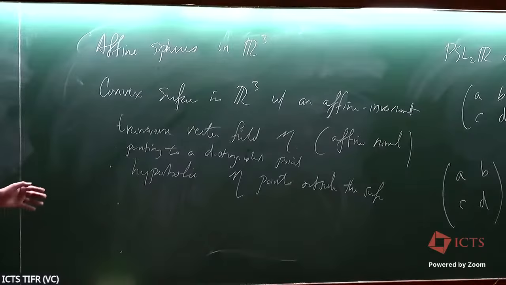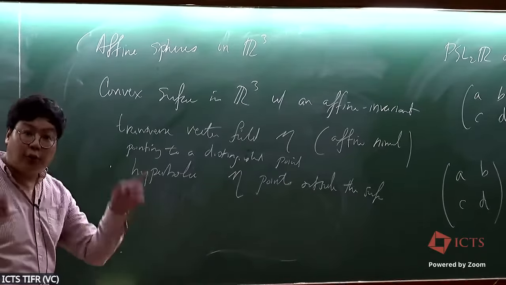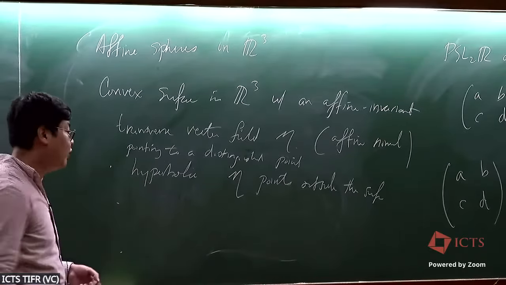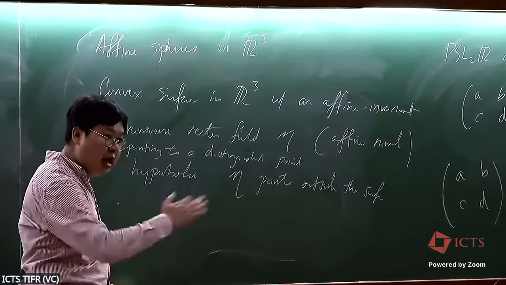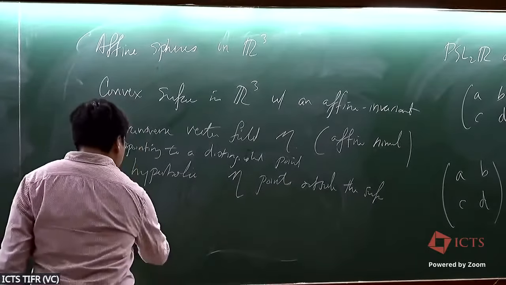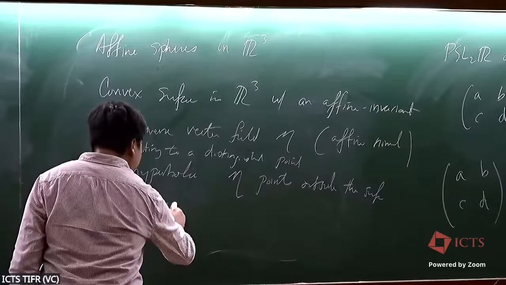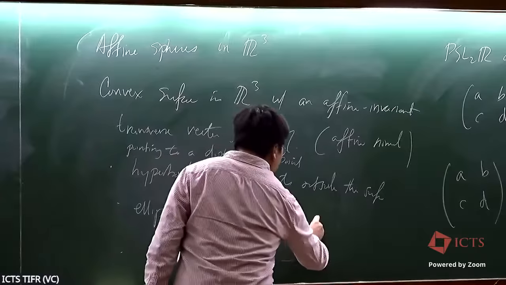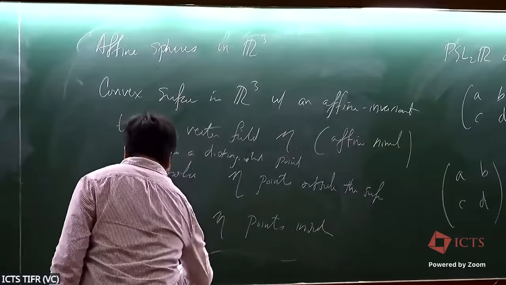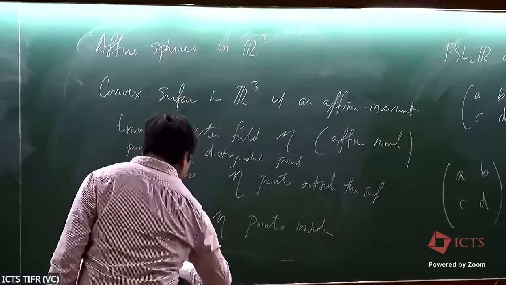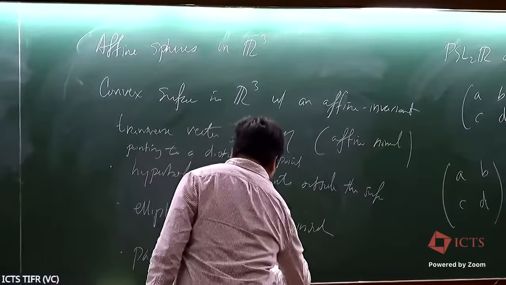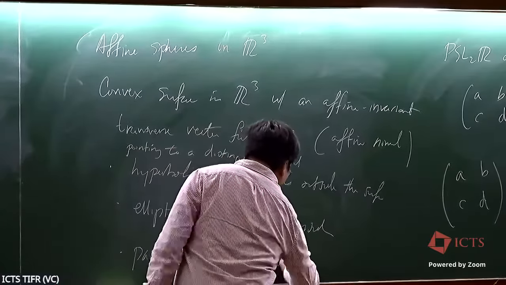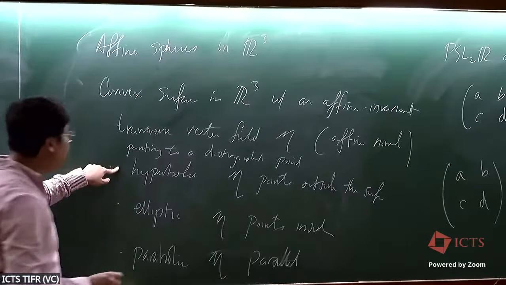We saw from Mike's lecture, the hyperbolic ones are the ones that point outside the surface. Now, I have a notion of convex, so inside and outside makes sense. Then I have the elliptic affine spheres, where eta points inside. And then the final ones are the parabolic ones, where eta is parallel, so it points towards infinity. Okay, so we will focus on these today.